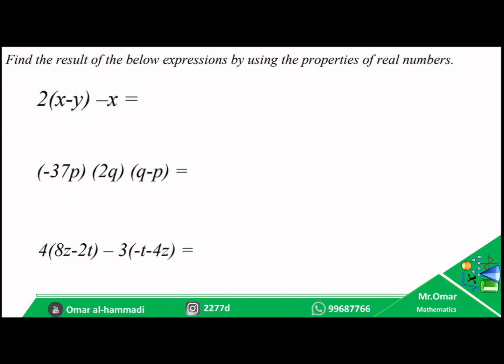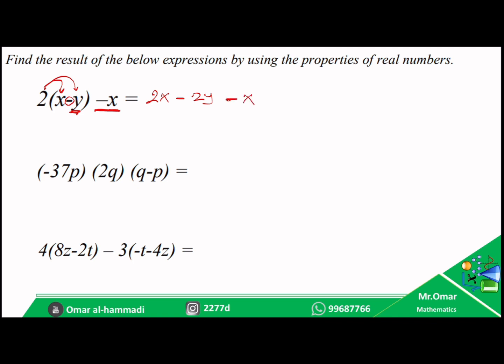Again, we have here another example. We will do also the same property. 2 multiplied by x will give us 2x. 2 multiplied by minus y, here we have minus y, it will give us minus 2y. And this is the same, will be minus x.